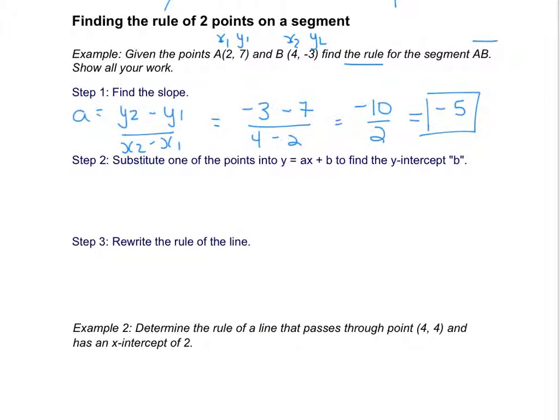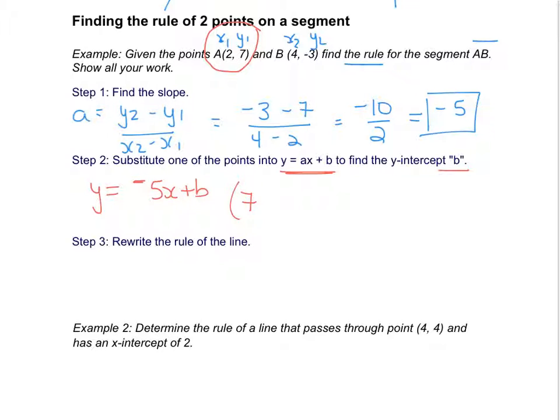First step. Second step, you are going to substitute 1 point into the y equals ax plus b formula to find b. So if we look at our equation, it is now y is equal to negative 5x plus b. We need a point. We need to find that b. So we're going to pick a point. I'm going to pick the point that has the least amount of negatives. I'm going to pick point A. Point A is going to go into my equation.